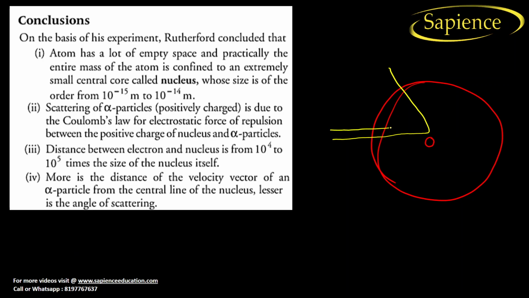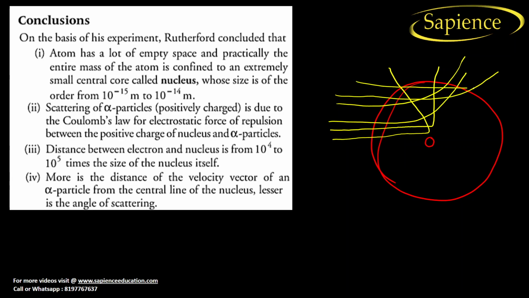As the distance between the alpha particle and the nucleus increases, the angle will decrease, and finally it will become 0. So the more the distance of the alpha particle from the positive charge, the lesser will be the angle of deviation, right? The more the distance of the velocity vector of an alpha particle from the central line through the nucleus, the lesser is the angle of scattering.